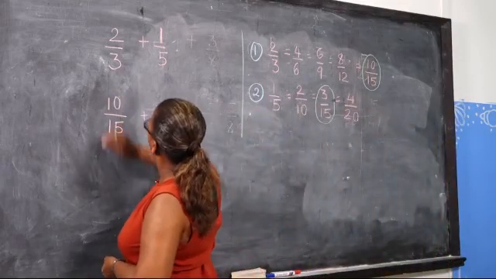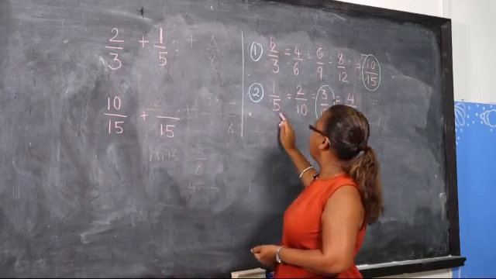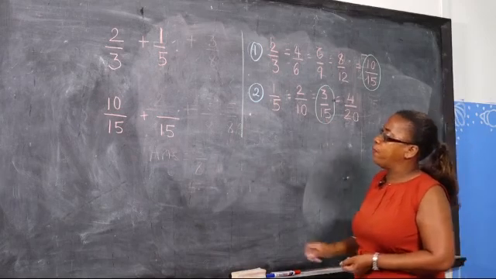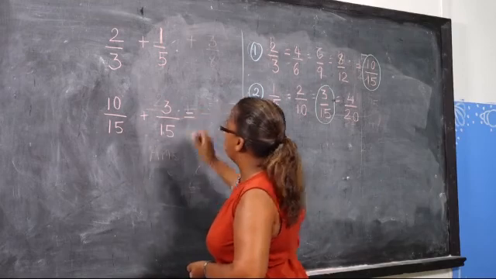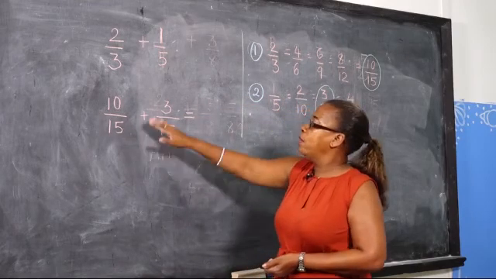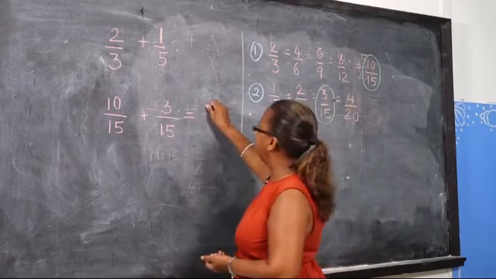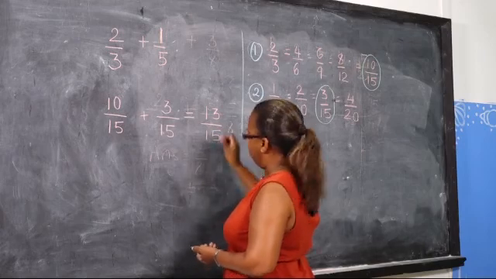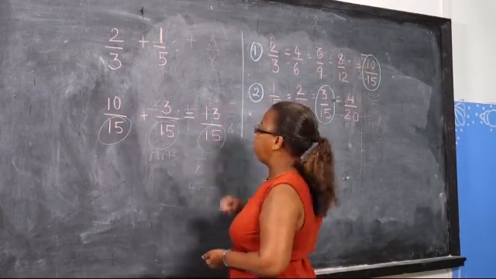Okay? Plus 1/5, there it is equivalent to 3/15. Okay? Therefore, 10/15 plus 3/15 equals 13/15.